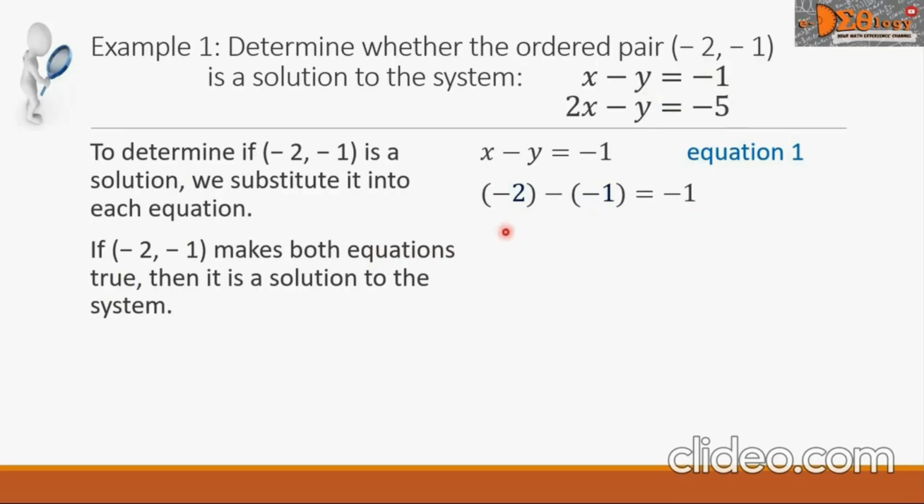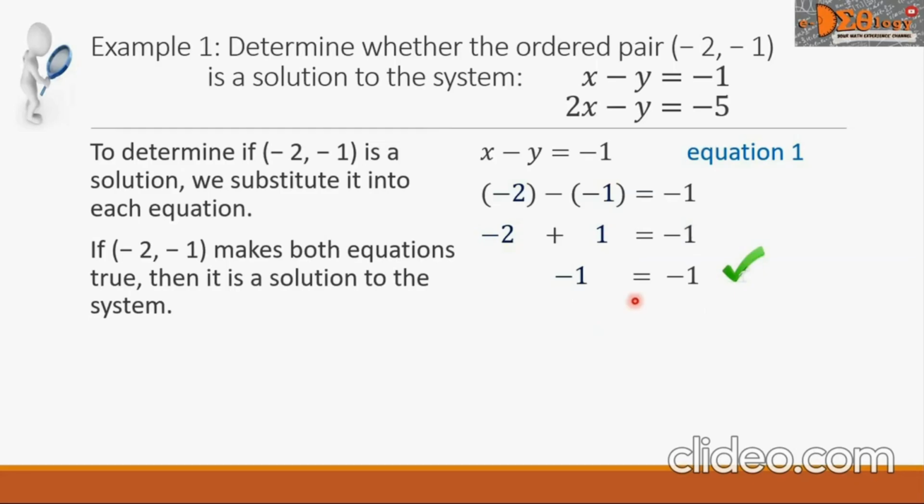We can remove the grouping symbol, so this -2 will come out as -2, and the negative sign and the negative sign becomes positive, so this becomes +1 equals, the right side is still -1. Simplifying the left side, -2 plus 1 is now -1, and we can see that this is equal to the -1 on the right side. So the ordered pair makes the first equation true.